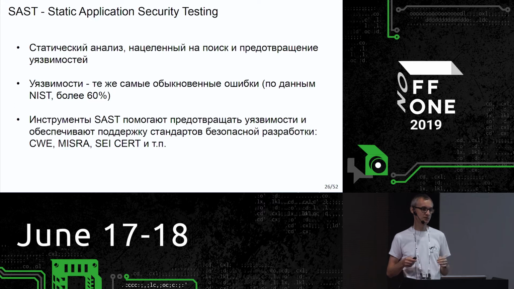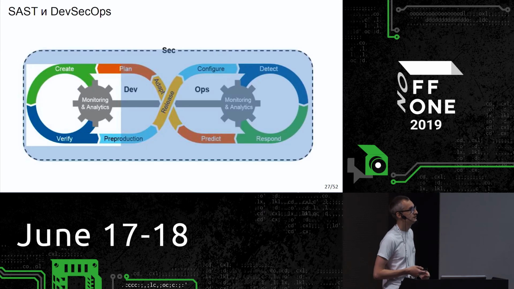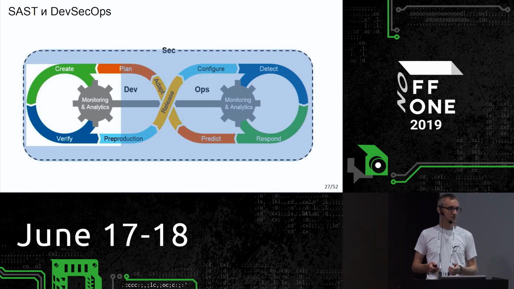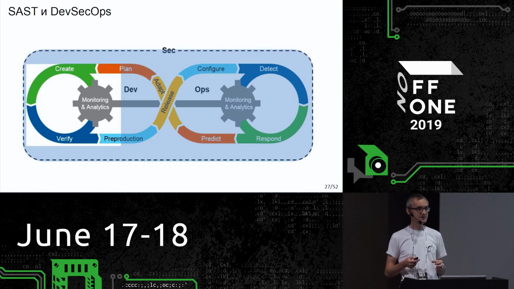And the correlation between traditional errors and vulnerabilities can be quite high, more than 60% based on some research. A picture for your information, like it's very fancy now. DevSecOps, SAST technology, is part of the development, and the programmer is using statistical analyzers or SAST instruments on his or her machine.